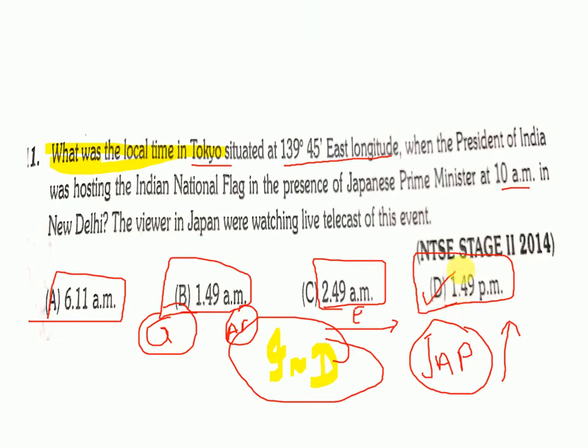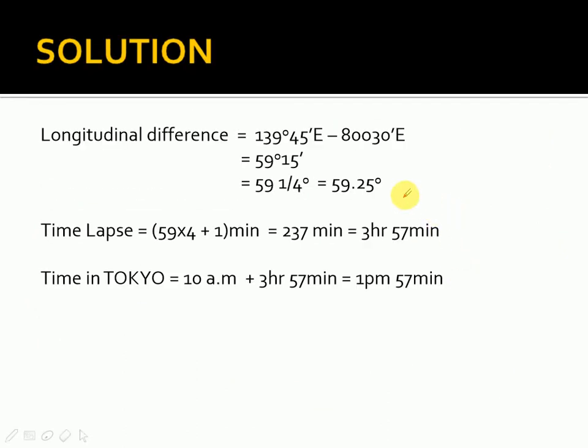But let us look into the mathematical basis of this answer. The longitudinal difference between India and Japan is given: 139 degrees 45 minutes east and 80 degrees 30 minutes east. The longitudinal difference we found is 59 degrees 15 minutes, and then we multiplied it by 4 to get 237 minutes. So there will be a time lapse of 3 hours 57 minutes.